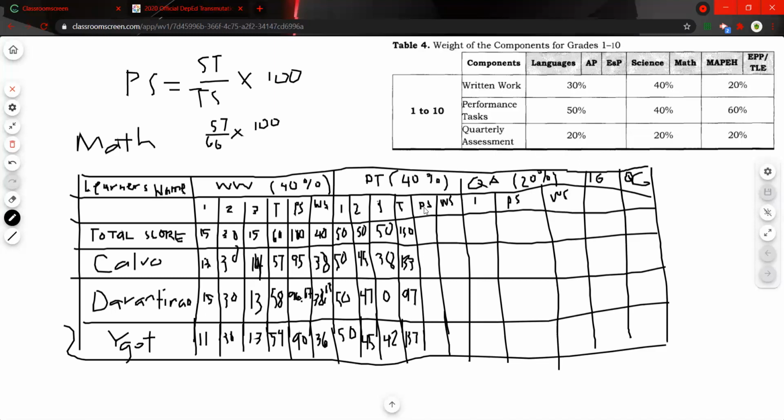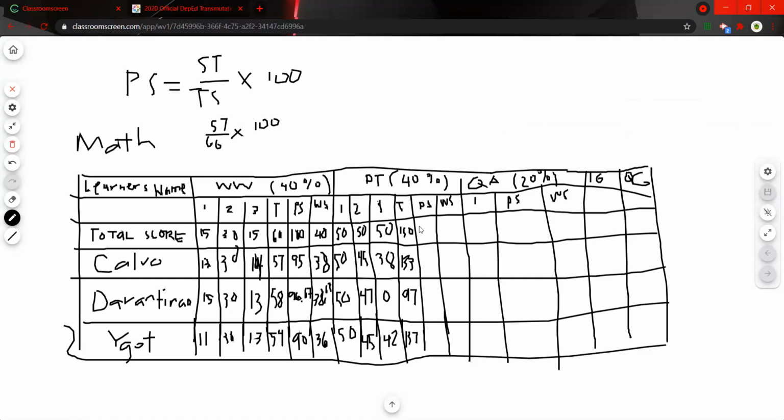Now for the percentage score, the same process, the student score over the total score. So for Calvo, 133 divided by 150 is 0.88666 up to 7. Then times 100 to make it a percentage. So 88.67.